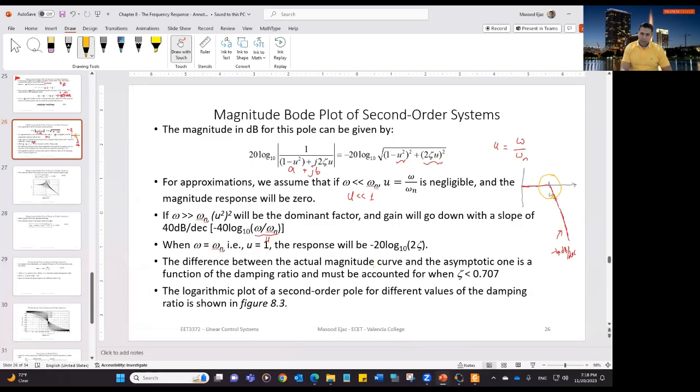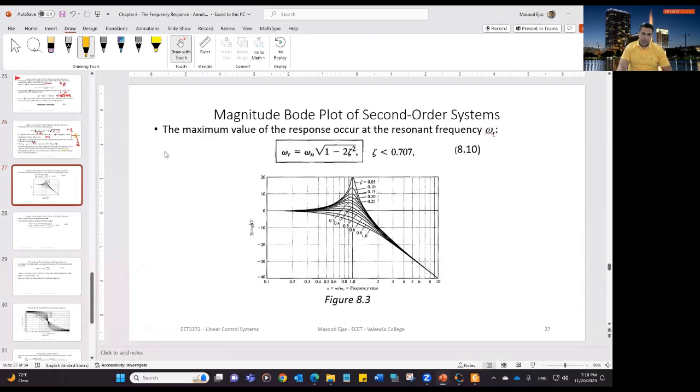The difference between the actual magnitude curve and the asymptotic one, which I'm showing you, is a function of the damping ratio and must be accounted for when zeta is less than 0.707. So for different values of the damping coefficient, if we plot the curve of the second order Bode plot, and these are pretty much the exact plots from the book, then this is what you're going to get.